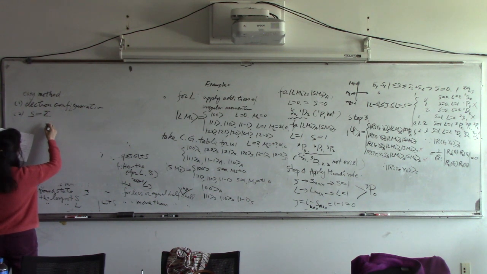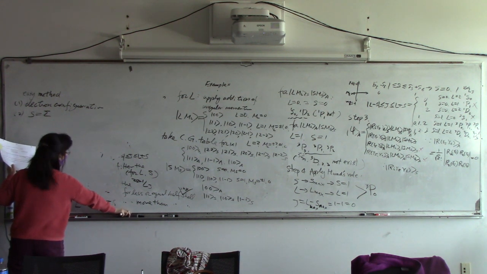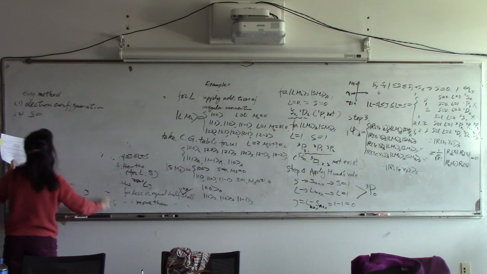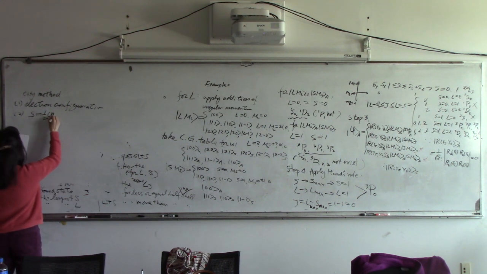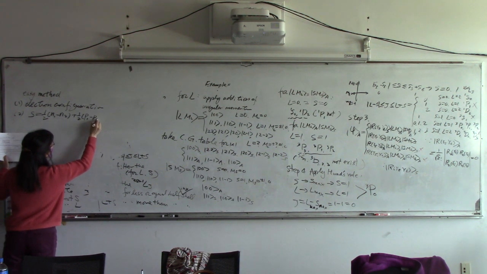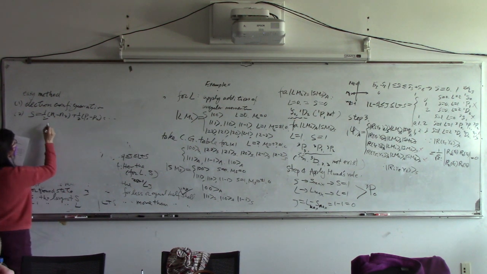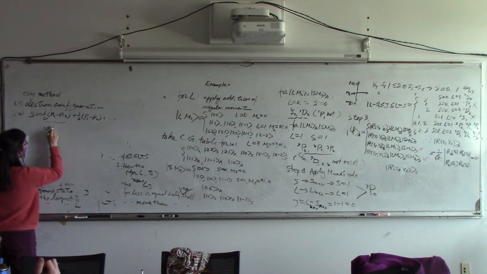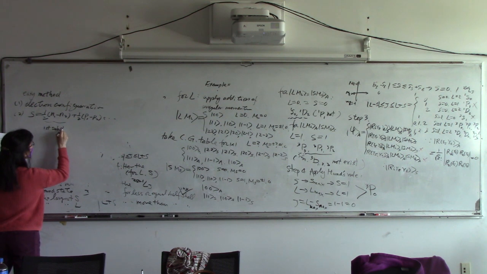So S is half of N1 minus N2 plus half of P1 minus P2. This one is for the first subshell.